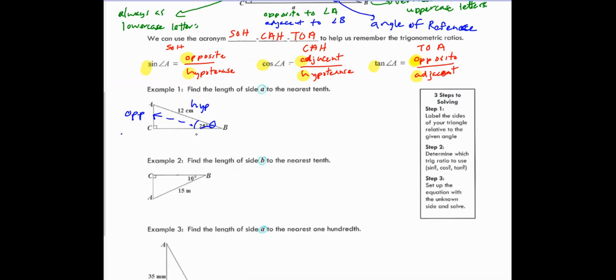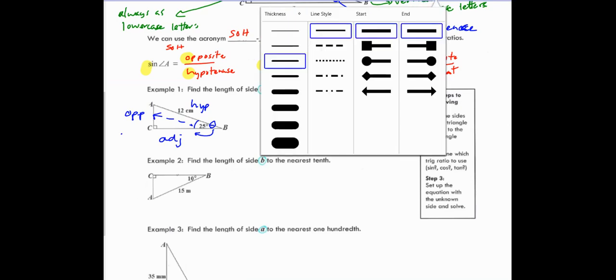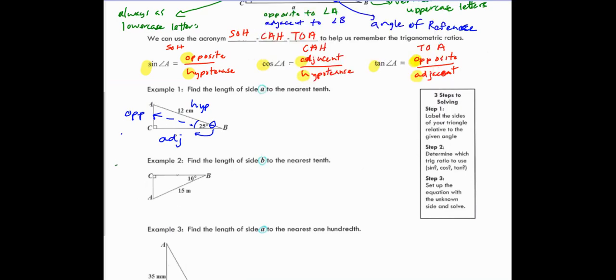And my adjacent side is beside it. Okay? So we are looking for A. So A is across from here. So this is A. That makes this side B, and this side is C.